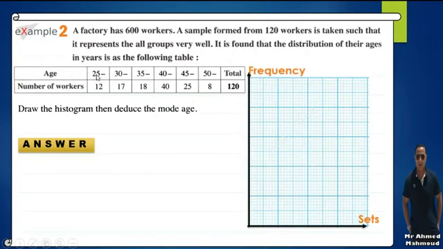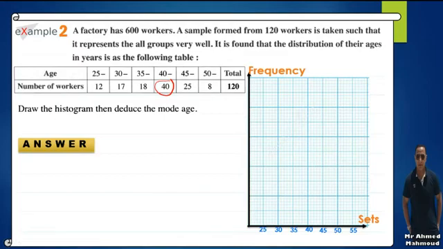Now we have 25, 30, 35, 40, 45, 50, and I'm going to add a set which is 55. Then we have here 12, 17, the maximum number is 40, so I need to go up to 40.